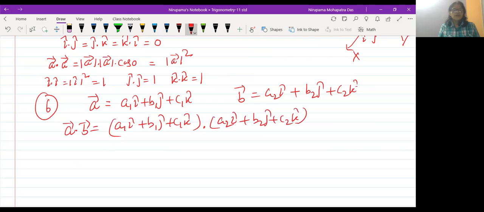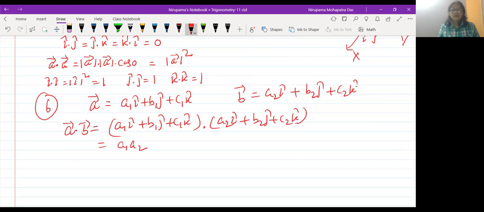Now when you multiply, A1 A2 times i dot i, so you are getting A1 A2. A1 B2, i dot j is 0, A1 C2, i dot k is 0. Now B1 A2, j dot i is 0, because i, j are perpendicular to each other.